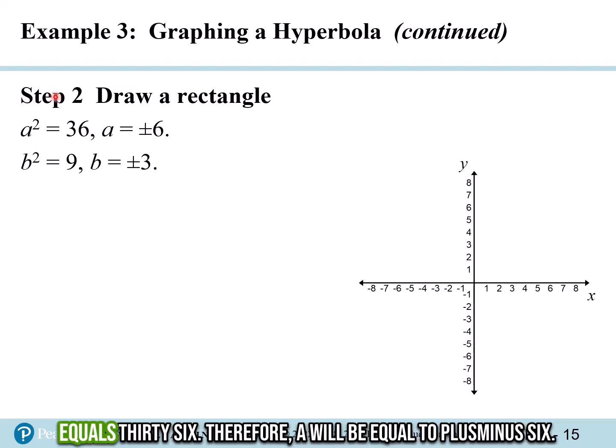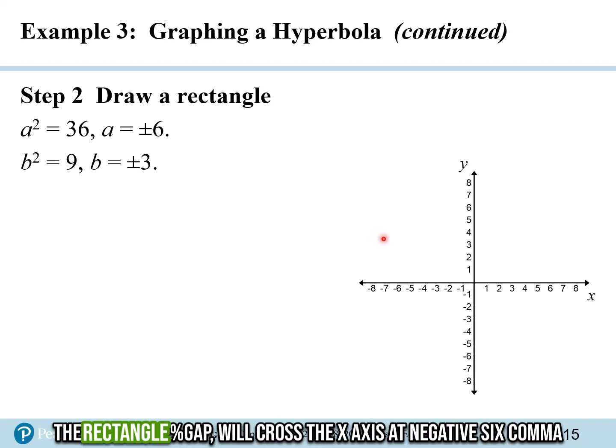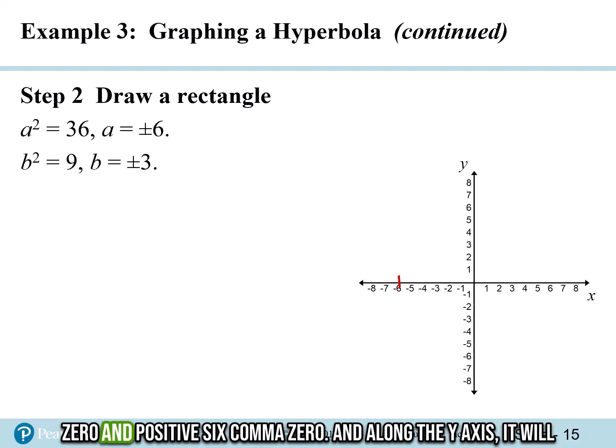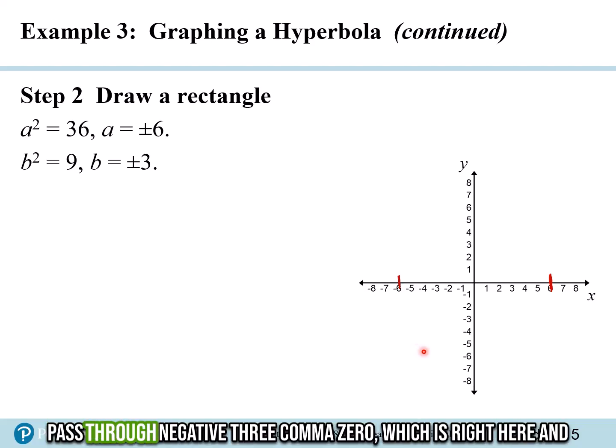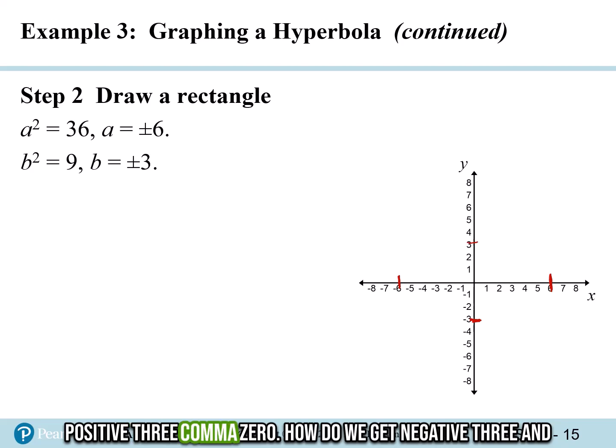A squared equals 36, therefore a will be equal to plus minus 6. The rectangle will cross the x-axis at negative 6, 0 and positive 6, 0. And along the y-axis, it will pass through negative 3, 0, which is right here, and positive 3, 0.